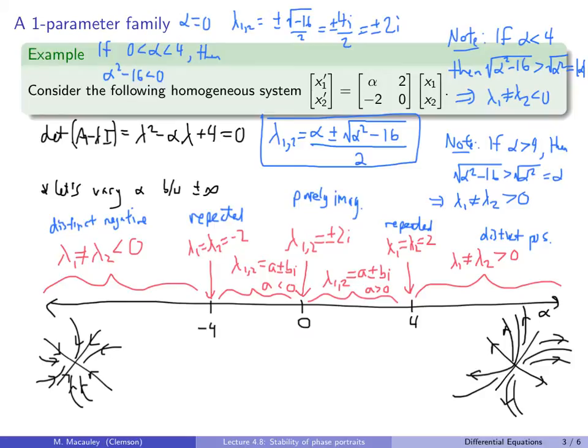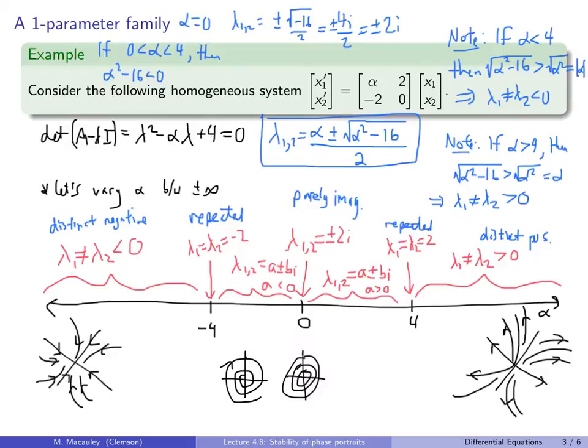Let's fill this in. Okay, so here we have purely imaginary roots. That's when we have some sort of ellipses. I don't know what direction they go. I don't really care. Over here, actually right here, we have inward spirals. Again, I don't know exactly what the spirals look like. I'm just worried about the qualitative nature. So something like this.